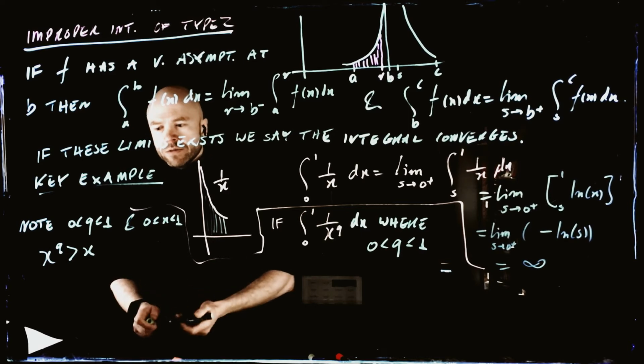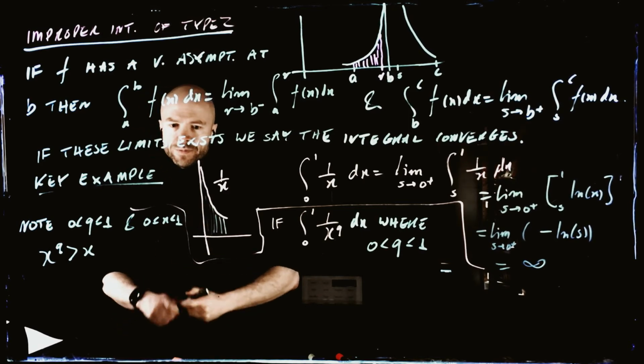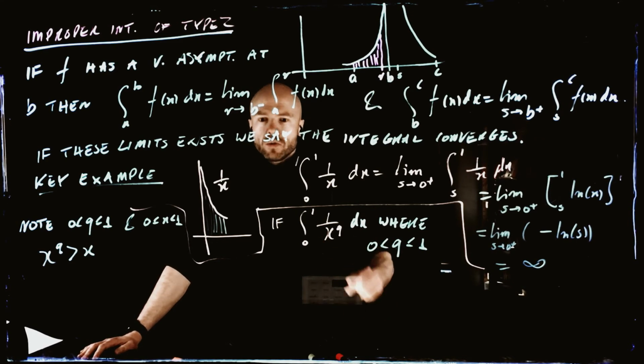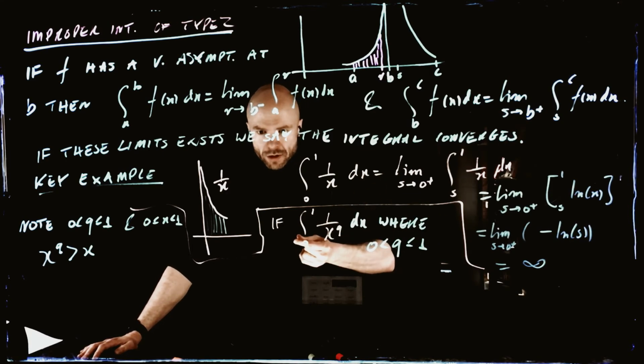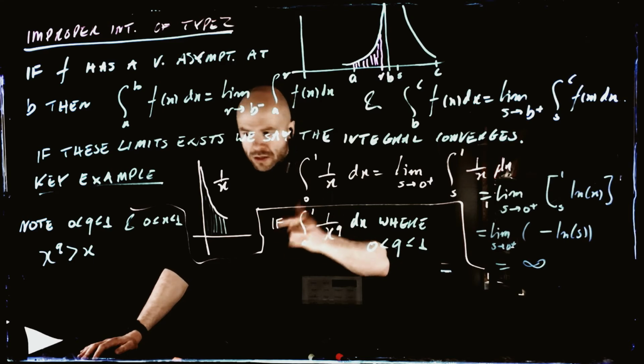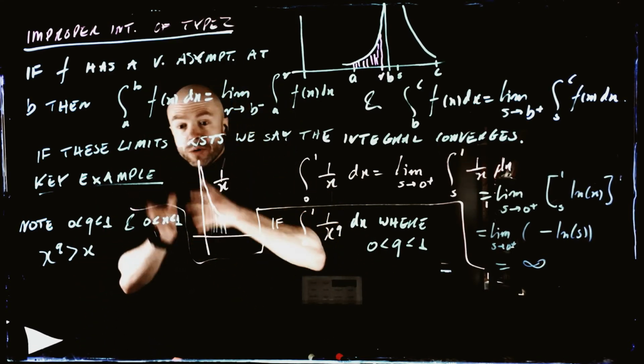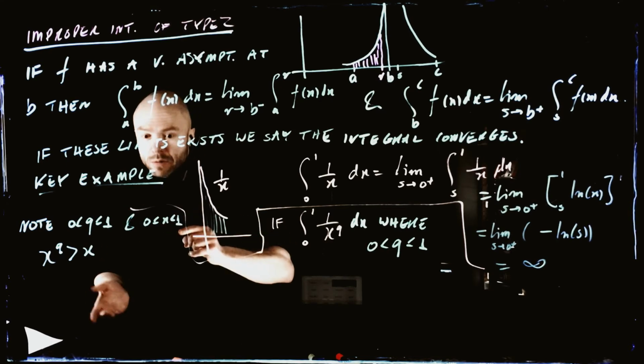For example, if q was a half and x was a quarter, what's the square root of a quarter? It's going to be a half, because a half times a half is a quarter. So when we take a power which is less than 1 of a number which is less than 1, then it's bigger than what it was.